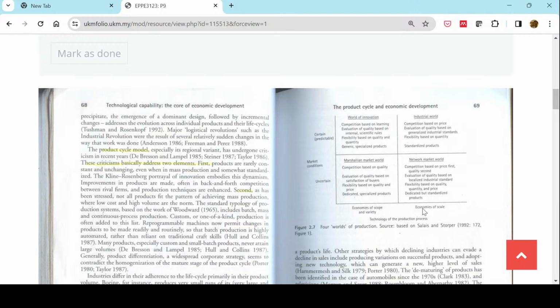Economies of scope and variety, the more you focus the scope, you're focusing on certain segment only, and also variety. You have variety.